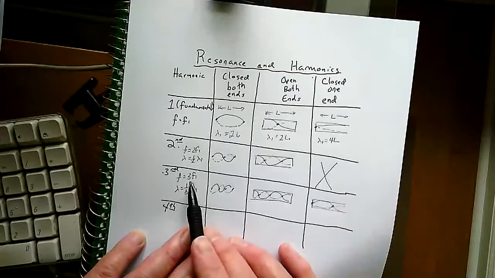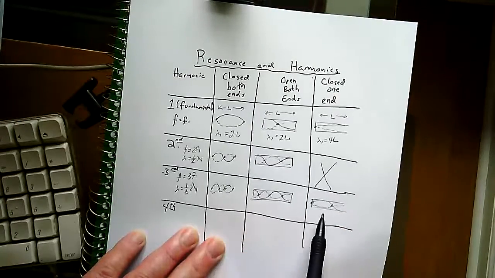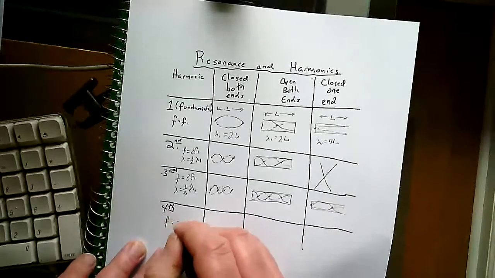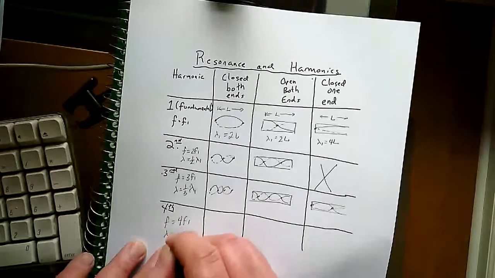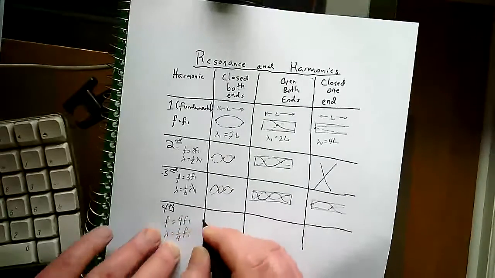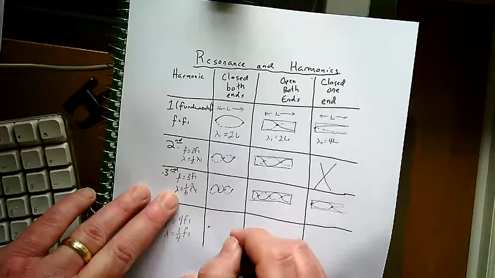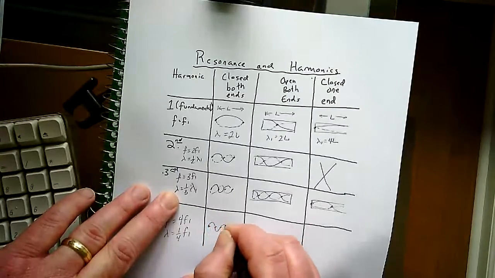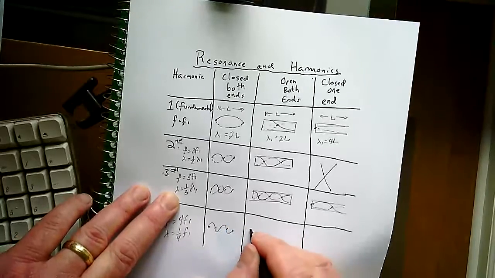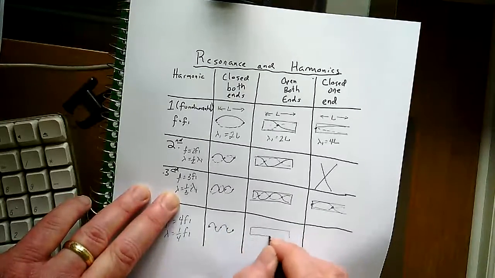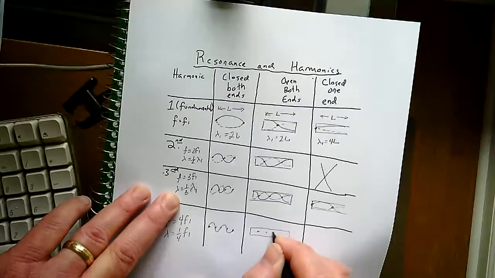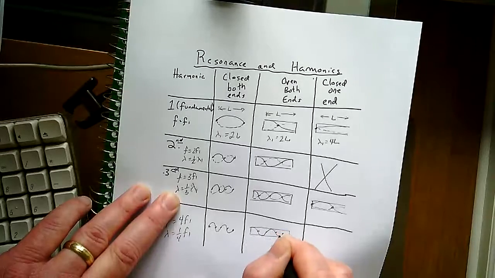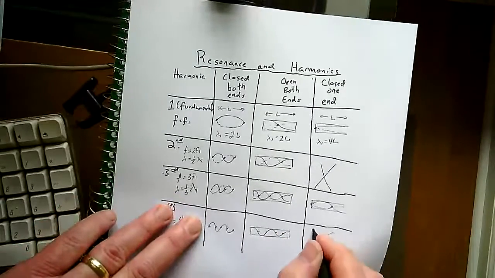But this rule is still true, that the frequency is going to be 3 times the frequency of this one up here. And then for the fourth, the frequency is 4F1 and the wavelength is 1/4 of wavelength 1. It's going to look like this. And here it's going to look like this. And it doesn't exist over here.